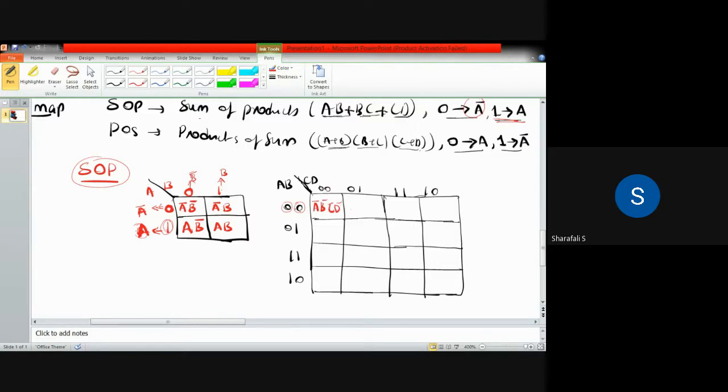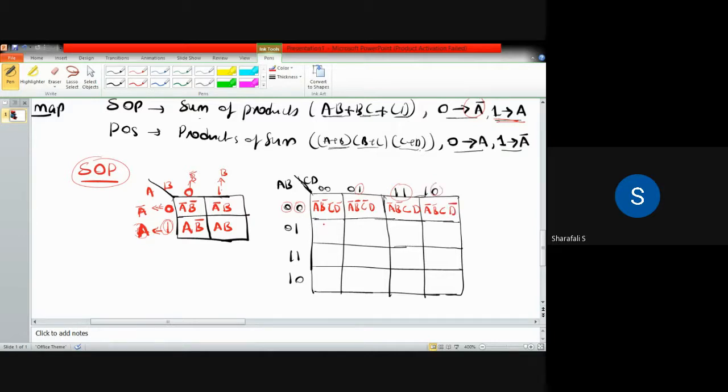Here both A and B are 0, so A bar B bar. C is 0, so C bar. D is not barred because D is 1 here. Here again A bar B bar, because A, B are 0 in this entire row, and C, D which are now 1, so we can write it as C D. Then after that we have A bar B bar, C into D bar because D is 0.